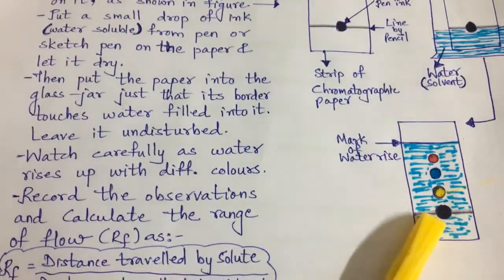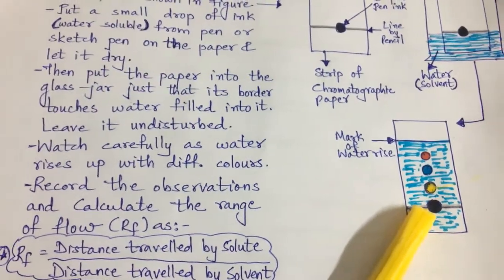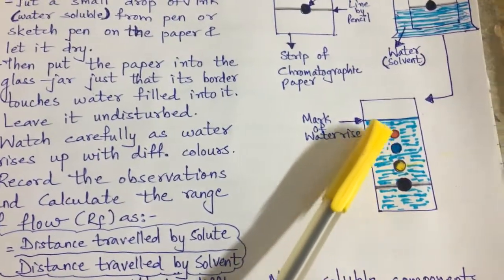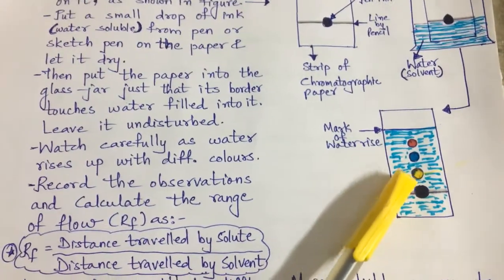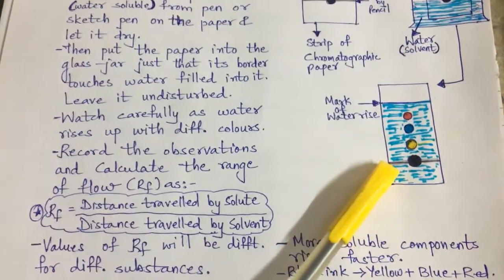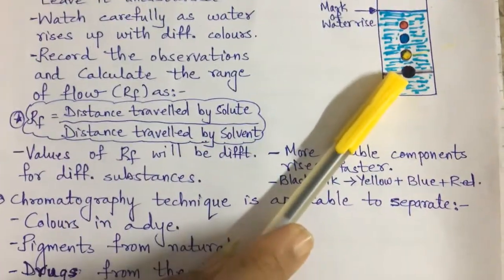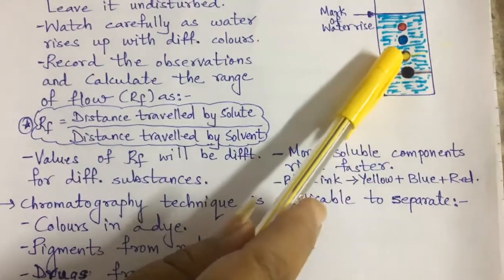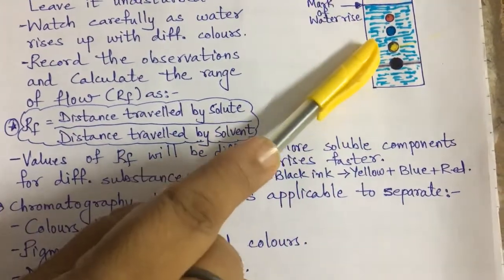The black ink spot which we first kept is now giving 3 different spots of yellow, blue and red color. This shows us that the ink which was black consists of 3 different color dyes: yellow, blue and red.